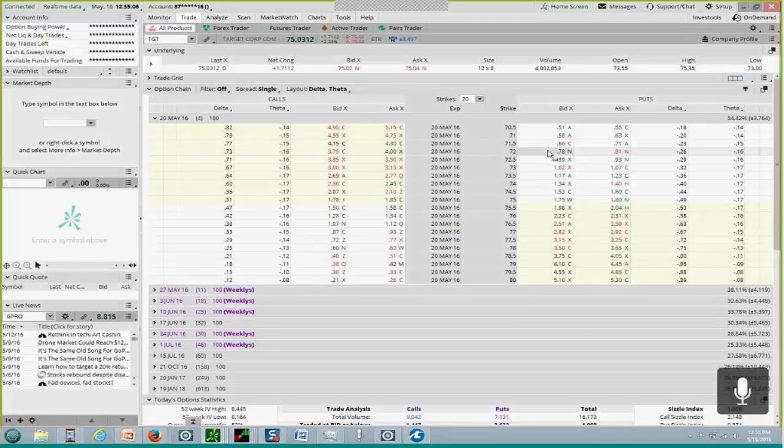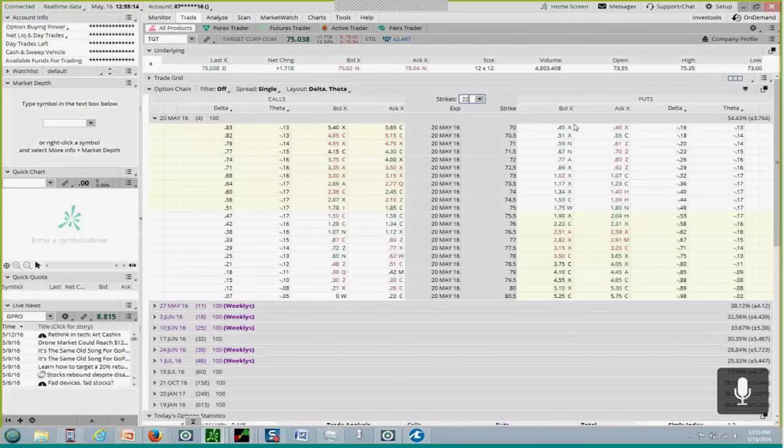Okay. So let's see here. Yeah, 45 by 48. That's not enough. What I'd like to do is maybe sell the 72. It has a delta of 26, which is about the right sweet spot.